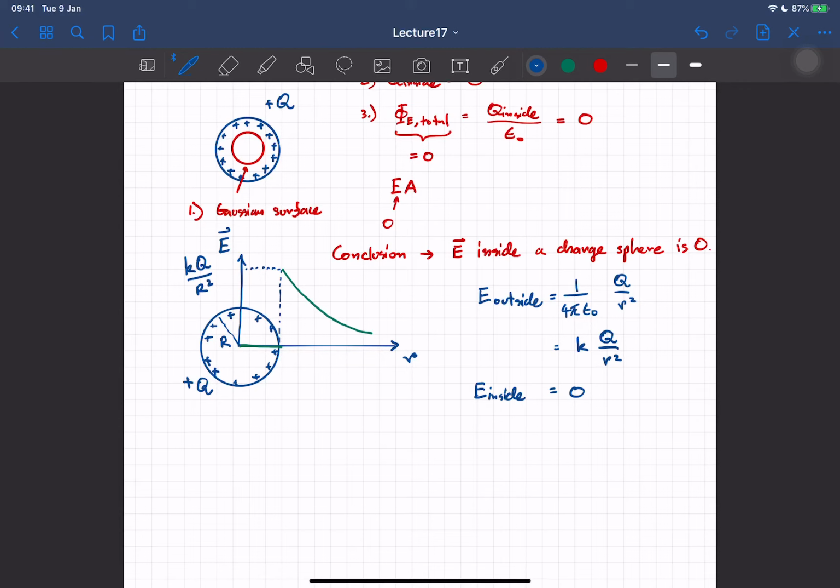Okay, so it's quite a nice example of using Gauss's law to calculate electric field. Usually a problem that contains some kind of symmetry will be good for Gauss's law, because otherwise it's not quite useful.